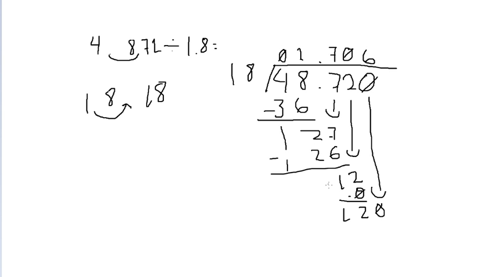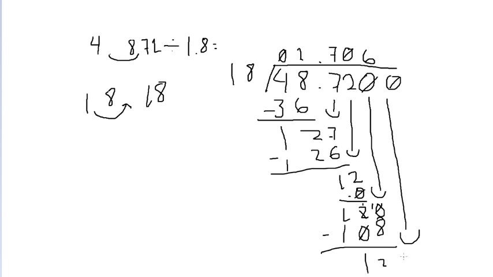So 6 times 18 is 108. Subtract that. And that would be 12, and then you would bring a 0 down. That's 120 again, and it goes into it 6 times.